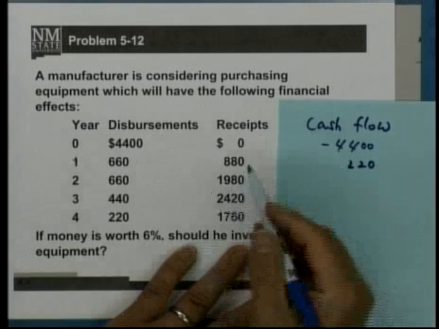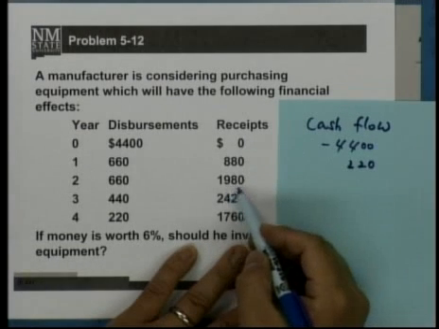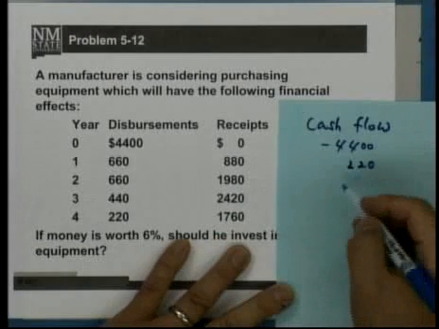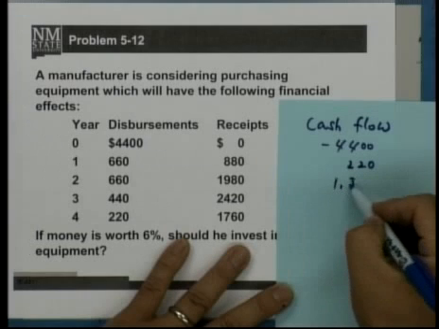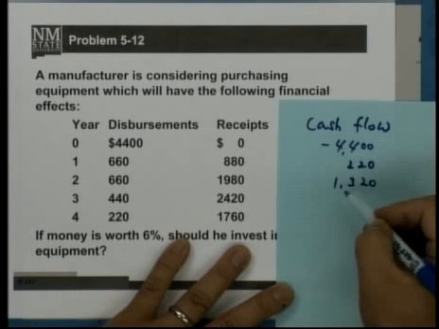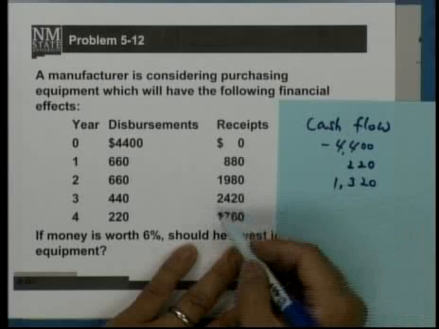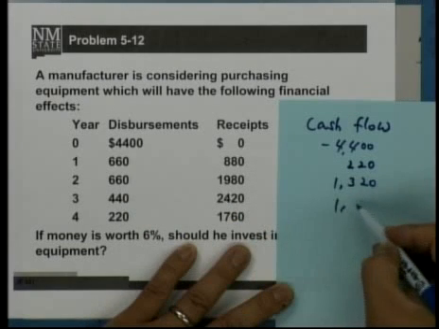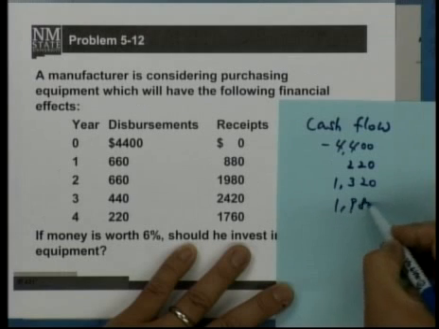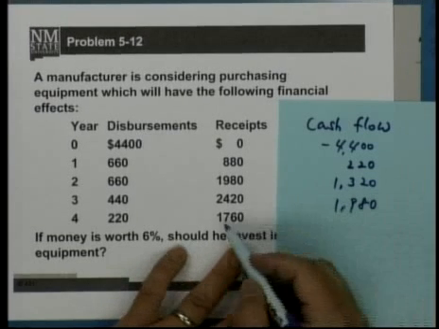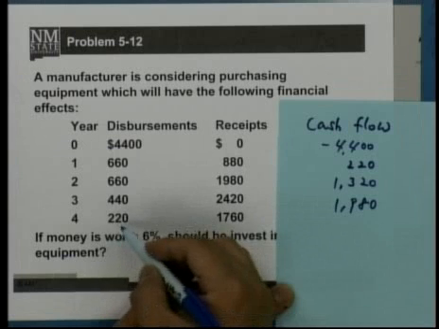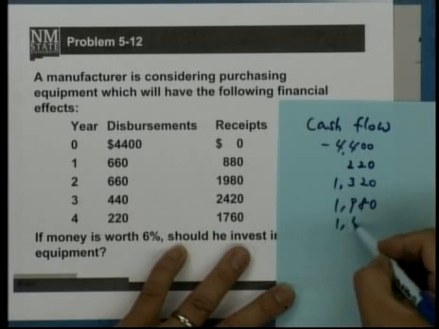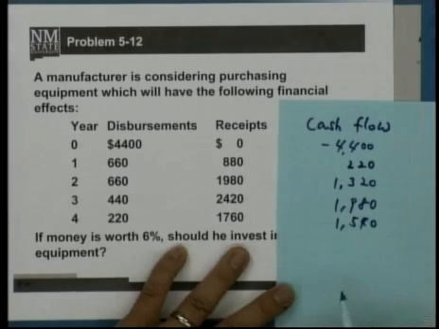Okay, and 1980 minus 660, that's going to be 1,320. Likewise 2,420 minus 440 is 1,980, and 1,760 minus 220 is 1,540.